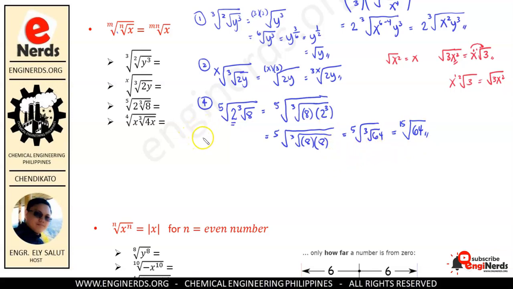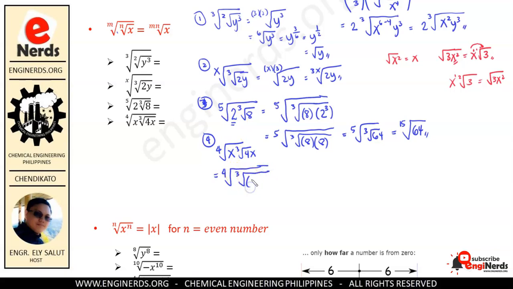So, the last problem we'll have here, number 4. Sorry, this is number 3. So, fourth root of x, cube root of 4x. So, gagawin uli natin yung ginawa natin kanina, no? Fourth root of cube root of, okay?